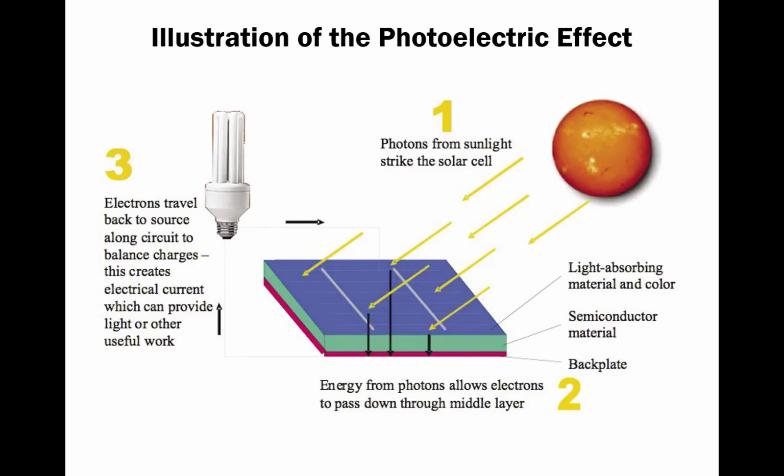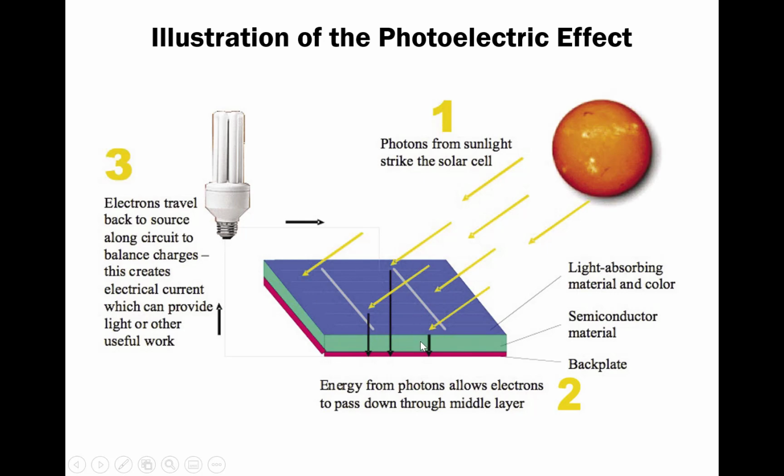And then I'm going to skip around a diagram. I'm going to go back and forth here. But basically, the idea is you've got some sunlight with some energy, photons from the sun, and they hit a top layer, and this top layer excites some electrons.